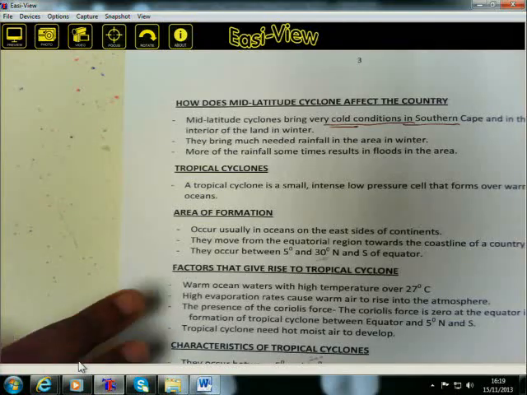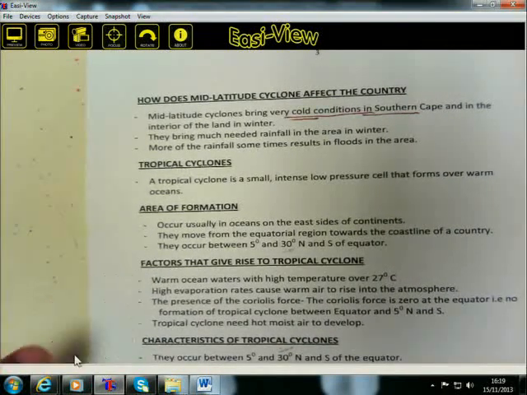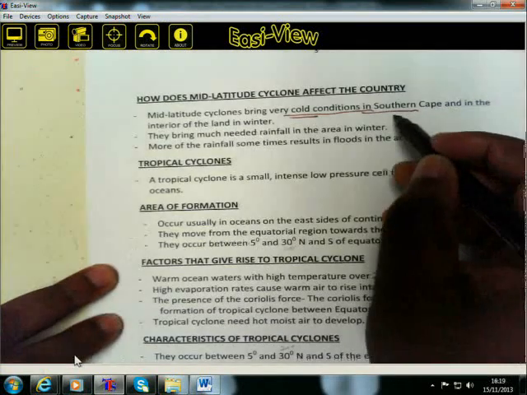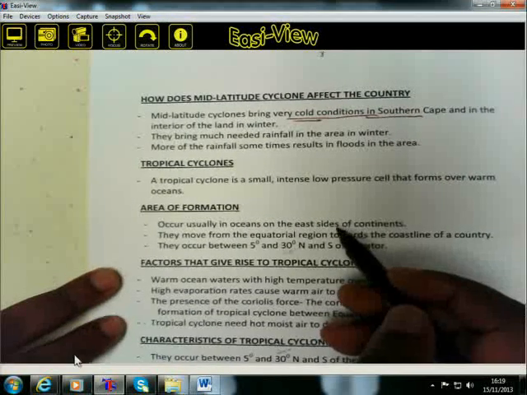Not only in the Southern Cape, but in the interior of the land in winter. It is already winter, but it comes along with very cold conditions.